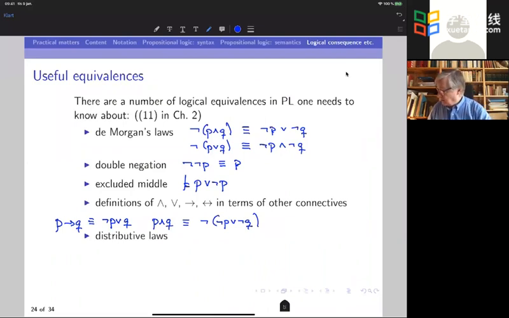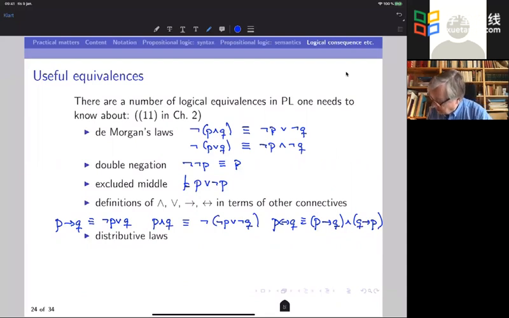Another one that is used all the time is the double implication, or if and only if. Those are very useful. And finally, we have the distributive laws. It's again about how conjunction distributes over disjunction and vice versa.